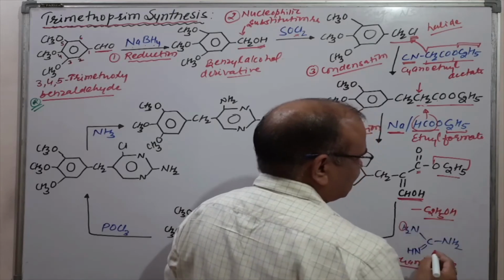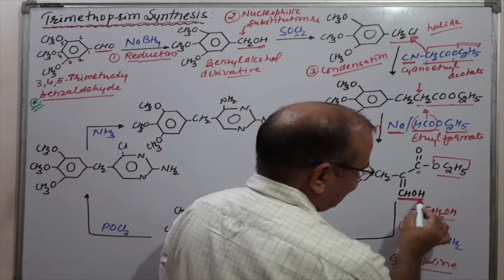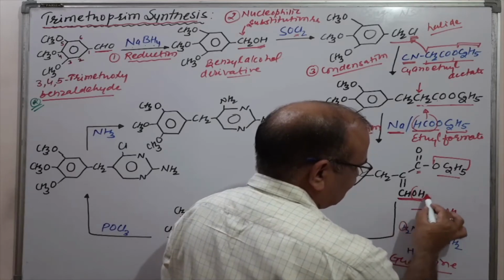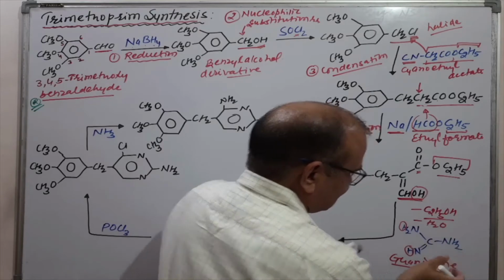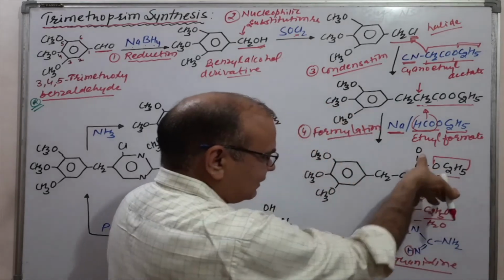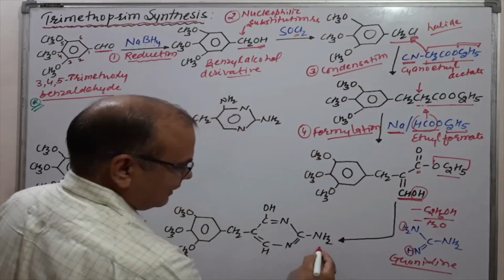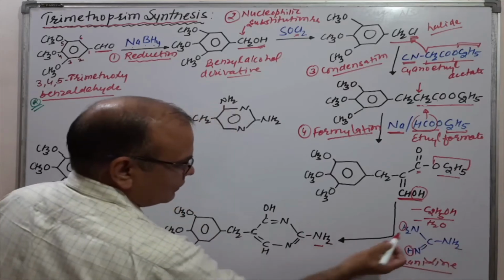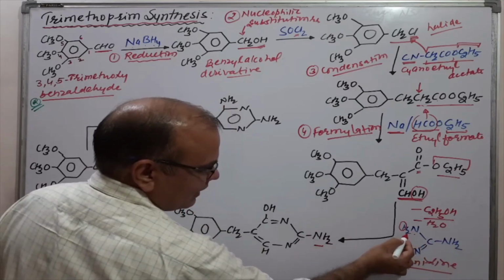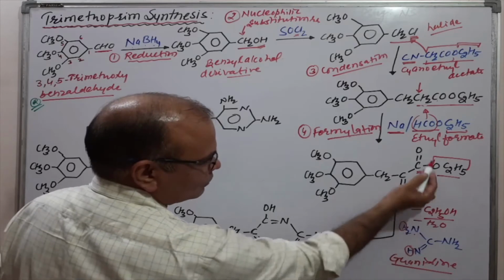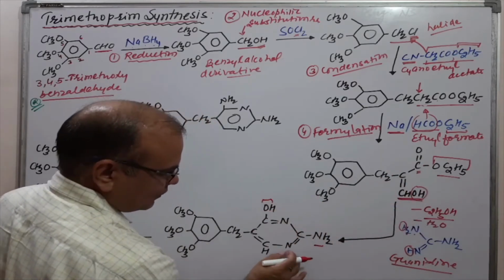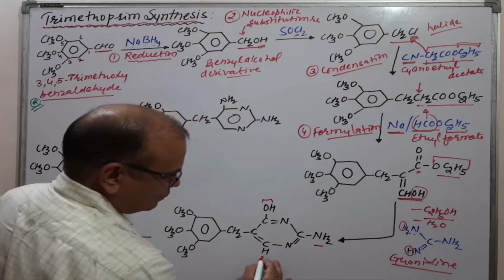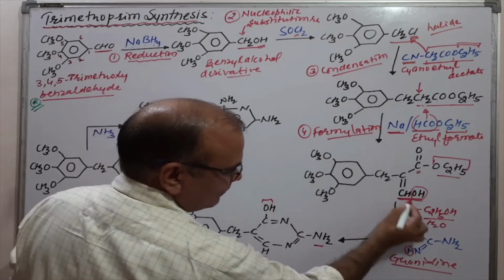Okay, this is the alcohol, and similarly again here OH and here H, removal of a water molecule, meaning it is attached as such. This is the NH2, this is the NH2, this is the NH, meaning that one hydrogen is shifting to the oxygen, forming OH, and similarly this nitrogen is attached to this carbon.